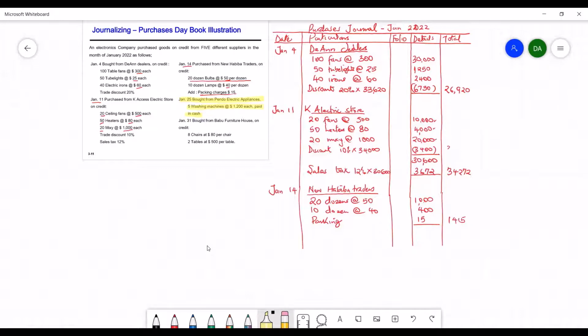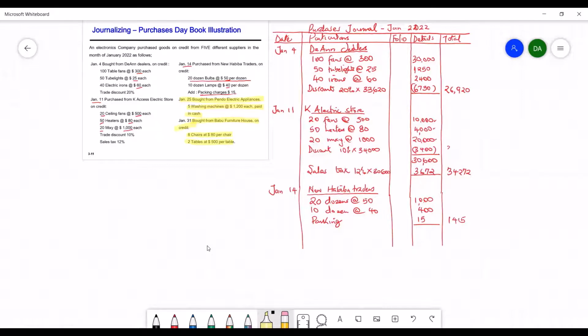On 31st January, the company bought from Babu Furniture House on credit the following: 8 chairs at $80 per chair, and 2 tables at $500 per table.